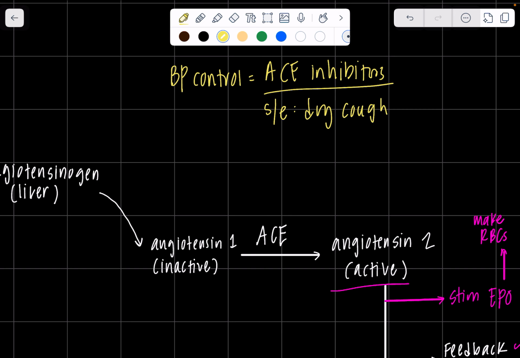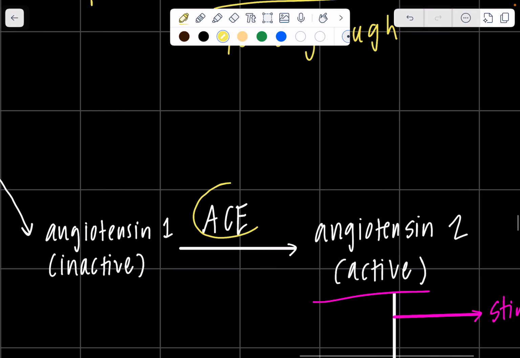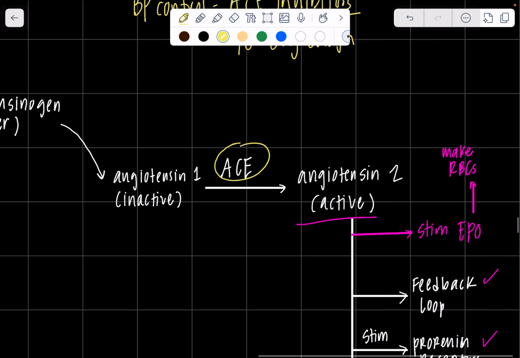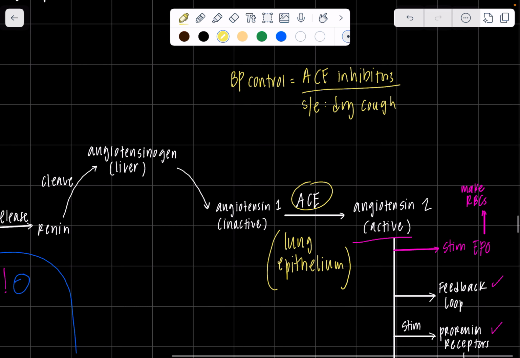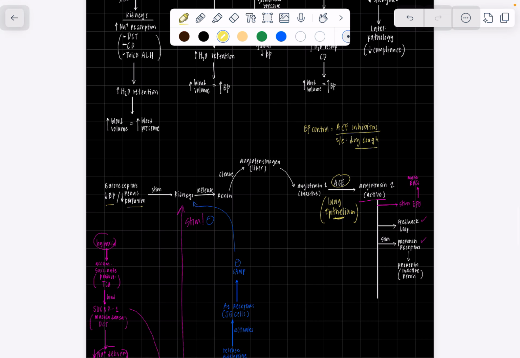And the reason why that's interesting is because ACE, this angiotensin converting enzyme, is located literally on the epithelium of the lung. So one of the side effects of the ACE inhibitors is basically an irritation of this epithelium, which is what causes the dry cough. So just a fun fact.